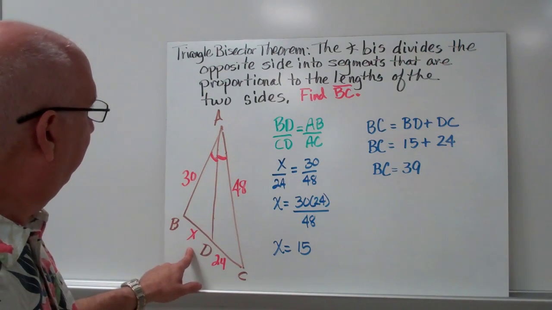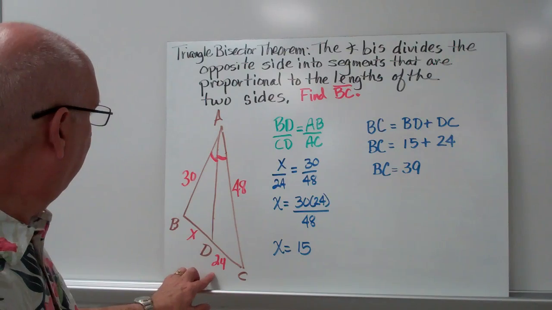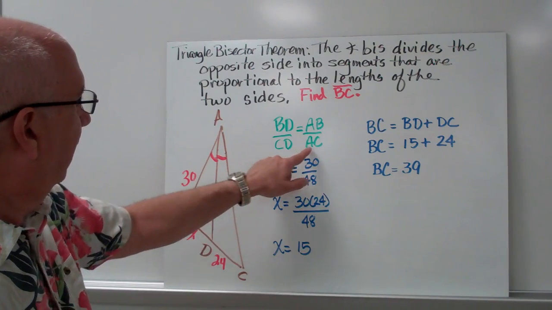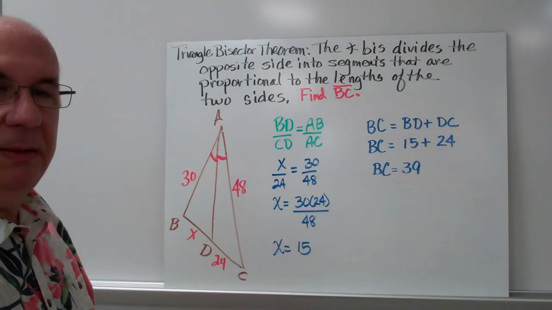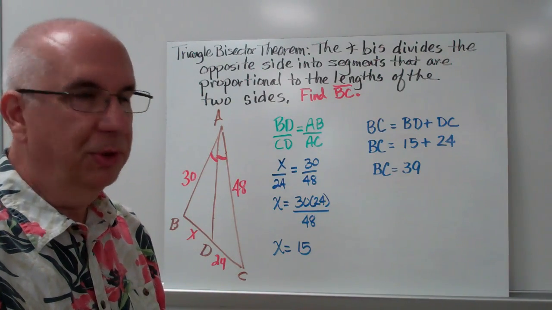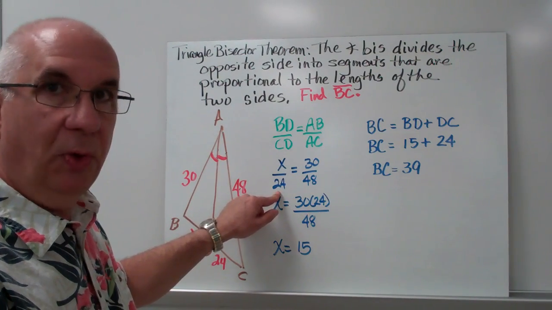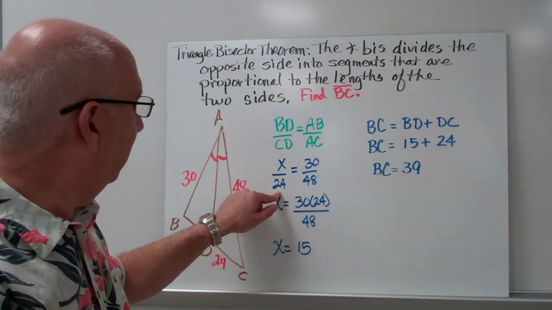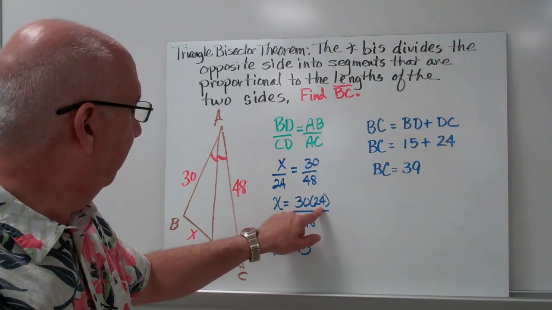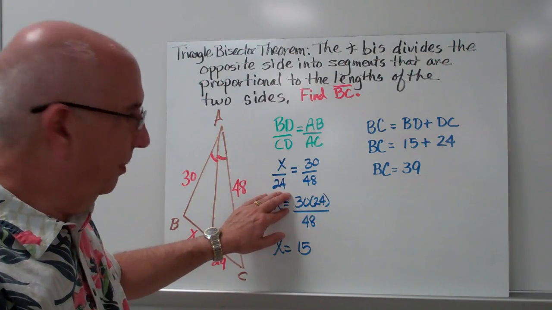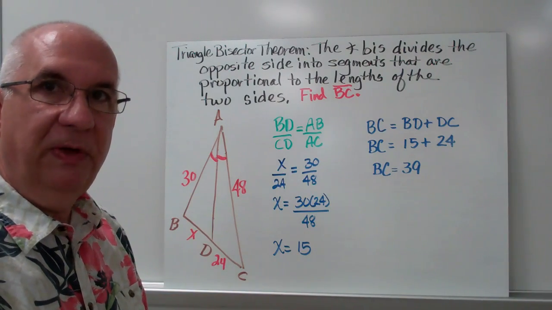BD is X, CD is 24, AB is 30, AC is 48. To solve this, just like before, cross products. So I'm going to move this 24 to the other side, so I need to multiply both sides by 24. Gives me this. I can put that in my calculator, and I find out that X is equal to 15.